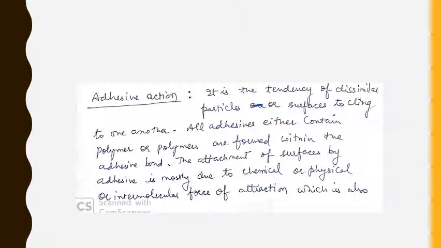The attachment of the surface by the adhesive is mostly due to chemical or physical intermolecular forces of attraction. This is how they go for binding two materials or surfaces which are dissimilar to one another. That is called adhesive action.